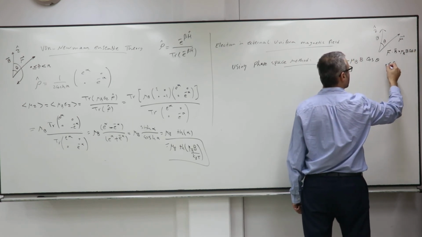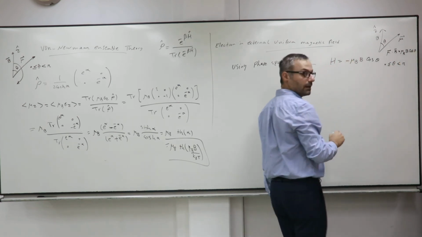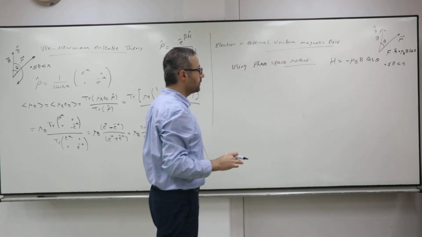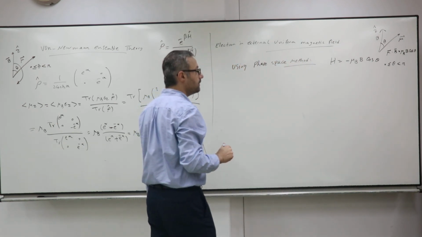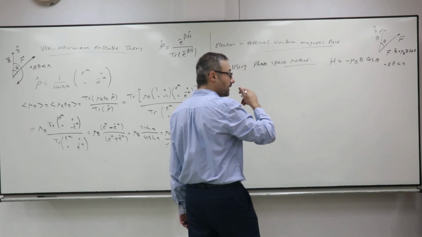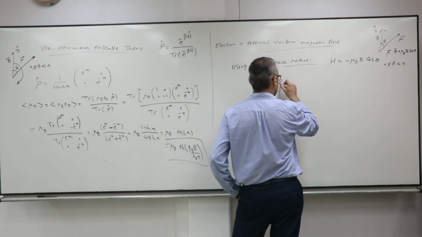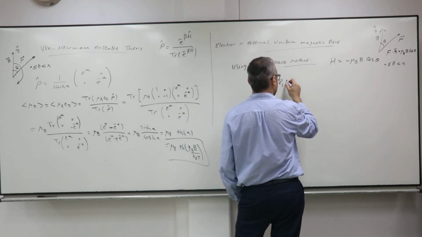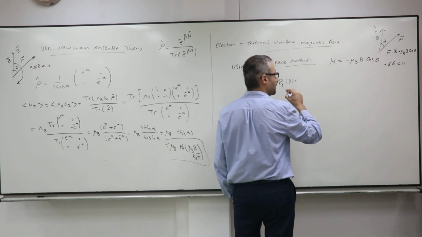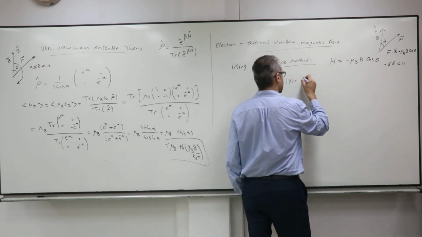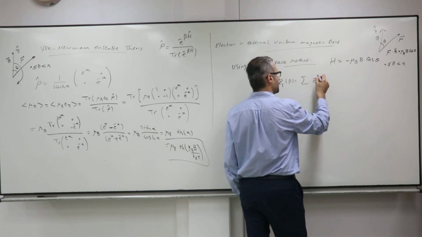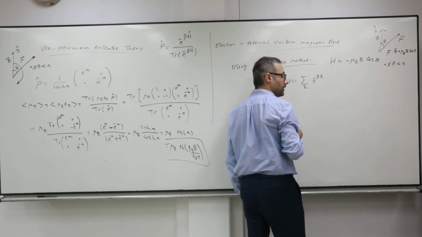And theta is the angle between 0 to pi. Yes? This is a classical method, not Feynman method. In classical method, do you remember what you needed was the partition function? The partition function for the one electron was, you remember what was that? Sigma e to the minus beta E sigma.